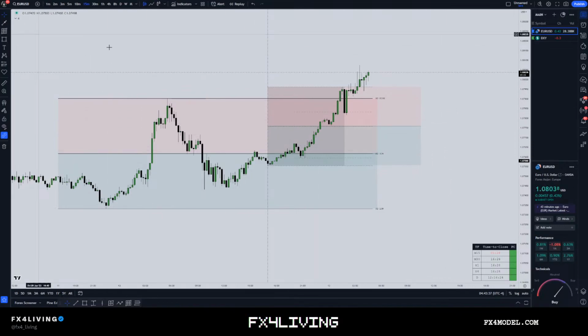And this is your accumulation, your Asian session range here, right? This is technically midnight, so 8 p.m. to midnight open. So midnight open, this is your accumulation from Asian range.